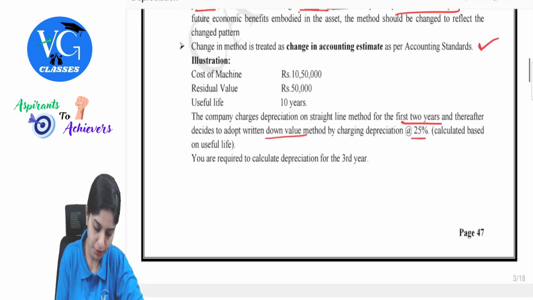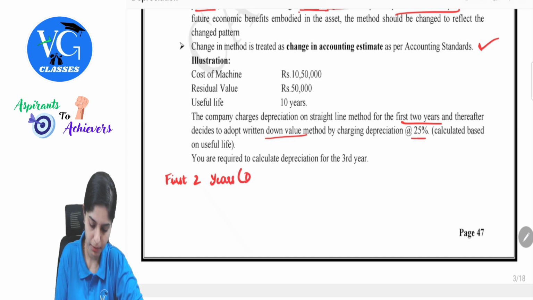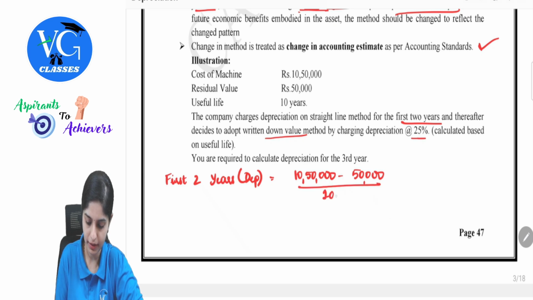So for the first 2 years, depreciation will be 10 lakh 50 minus 50,000 divided by 10 years into 2 years.